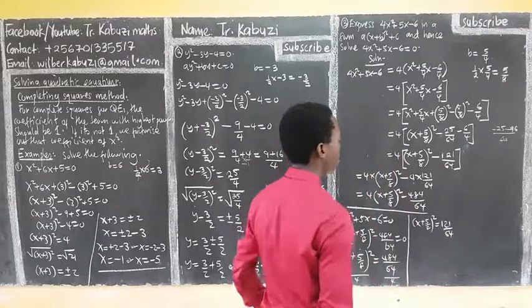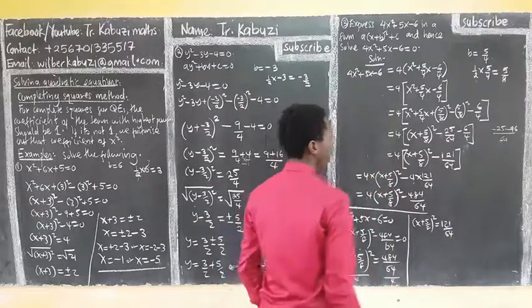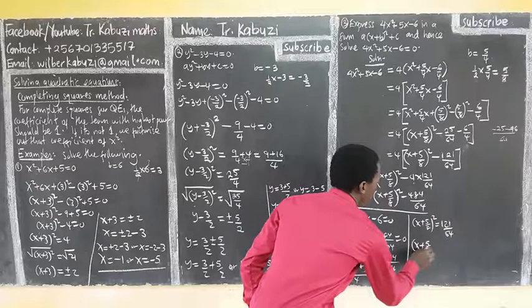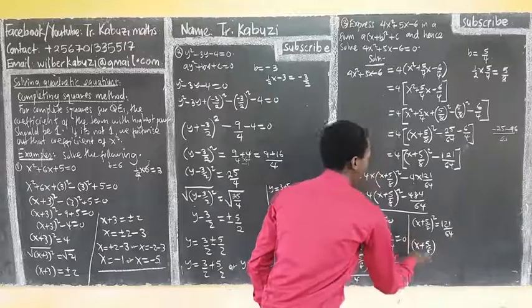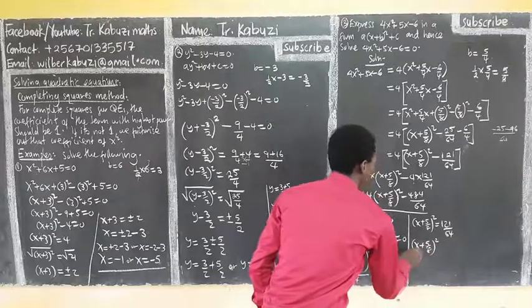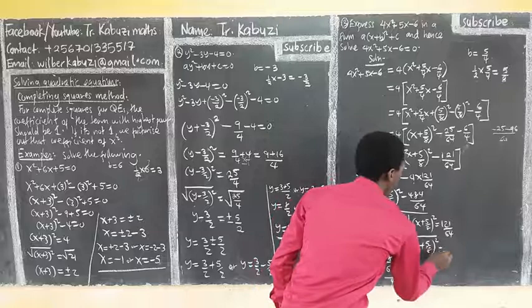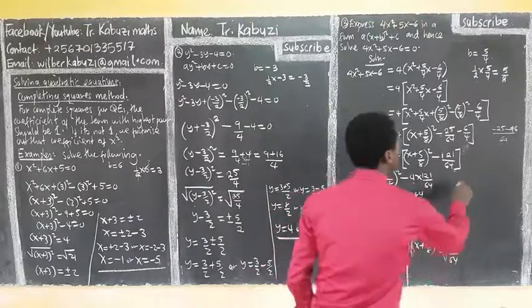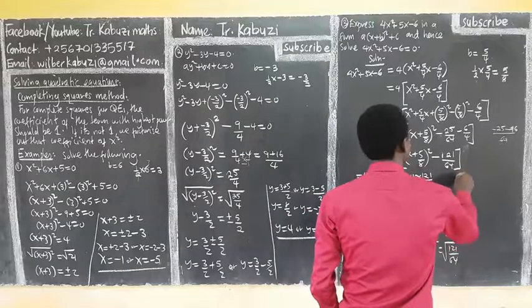Now you can get the square root both sides. So if I get the square root both sides, I have now x plus 5 over 8, get the square root at this side, and also get the square root this side, 121 over 64. Okay, now let me use this space here.